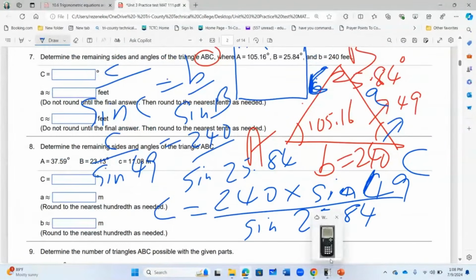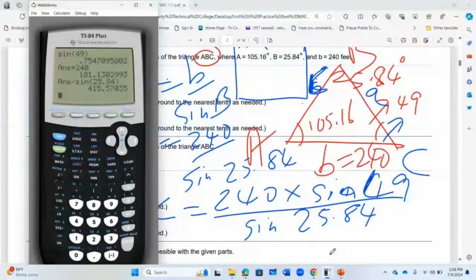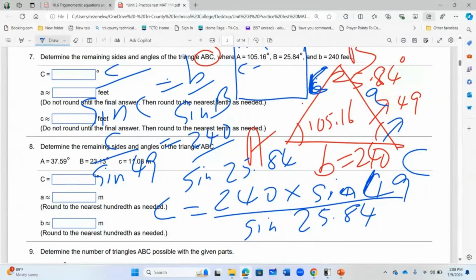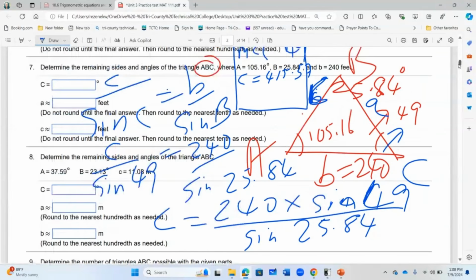So the measure of side C is 415.57. Okay, C is equal to 415.57. All right. The next thing I want to find: I have found one angle, found one side.